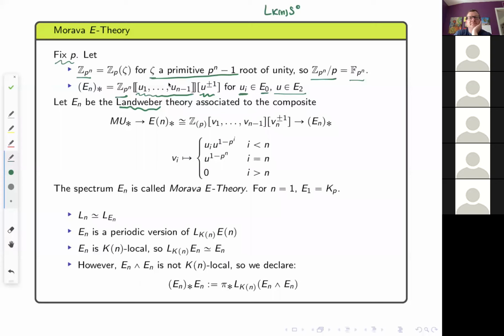Okay. All right. So now Morava E-theory, E_n, is going to be the Landweber exact theory which is associated to the following map from MU_*. So you first go to E_n star, and then you do the map from this ring, which is E_n star, to this new ring that we just defined, and you send v_i to the following list.